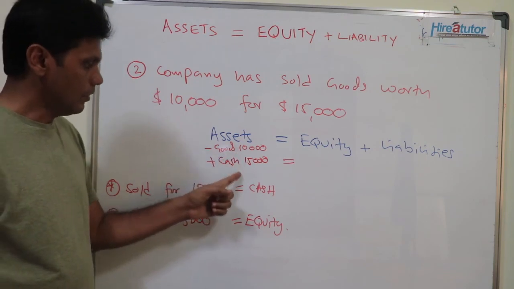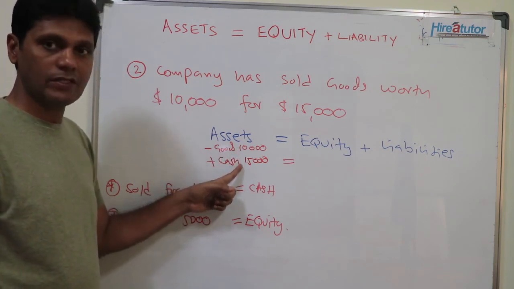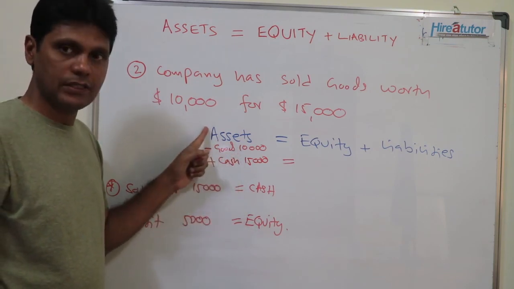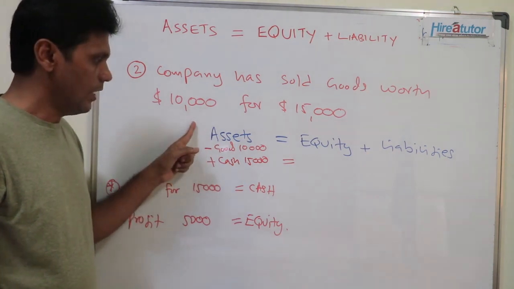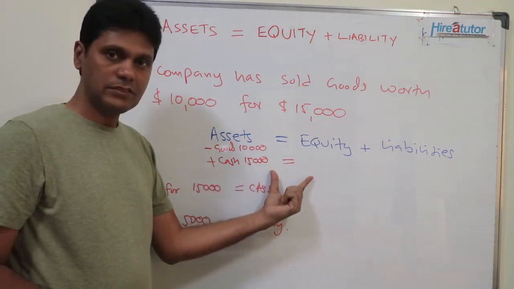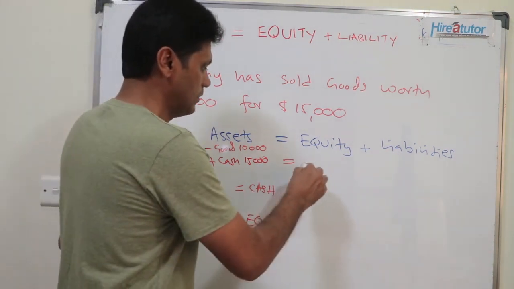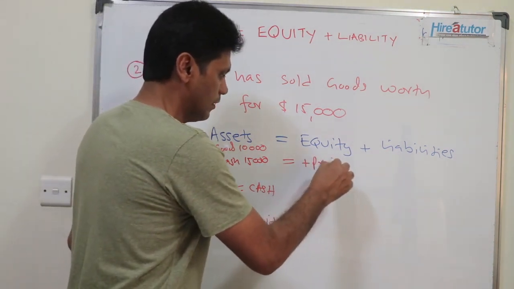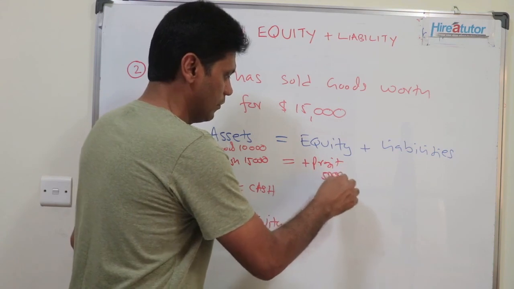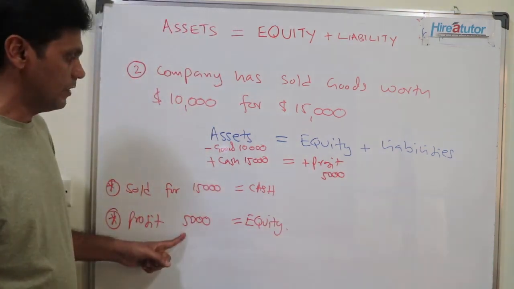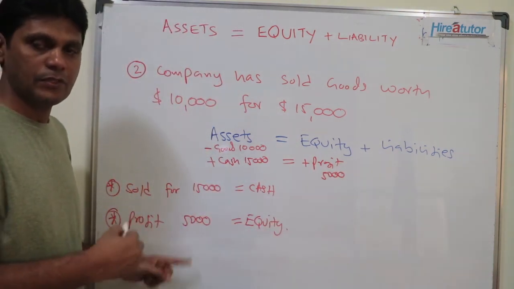So here the net impact is 5,000 cash increased. Therefore, in order to balance this equation, you have to adjust the equity column by saying profit of 5,000, the difference between the selling price and the purchase price.